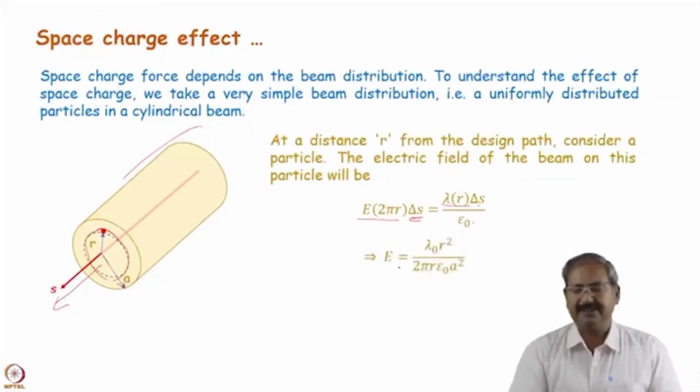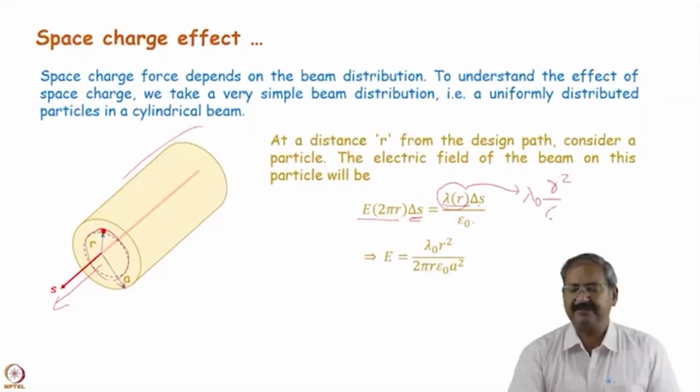So instead of lambda(r), we will put lambda naught r squared by a squared. This is the total charge. So lambda naught r squared upon 2 pi r epsilon naught a squared, and delta s will be cancelled out here. So this is the expression which we obtained through Gauss law.